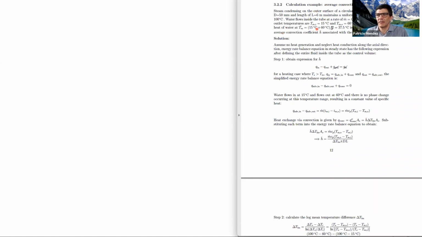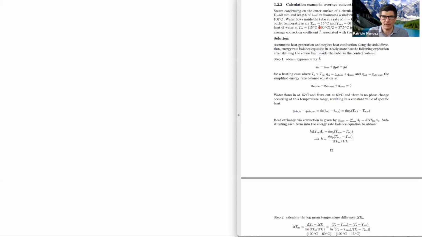Here, we calculated the specific heat of water using the book. So typically when you have temperature dependent properties, what are you gonna do? You have to pick one, because all these formulas are for a single heat capacity. So how about if we pick the specific heat at the average temperature between the inlet and the outlet?